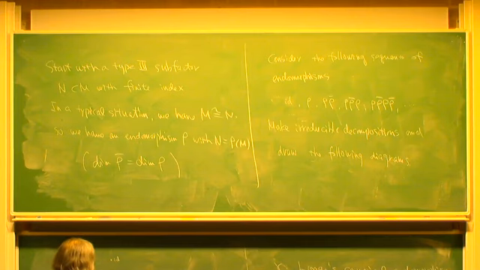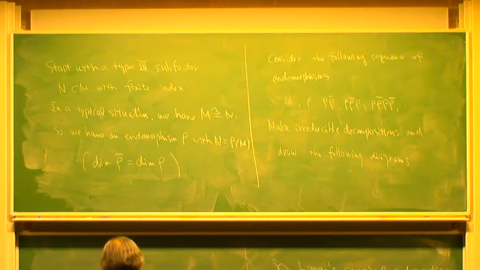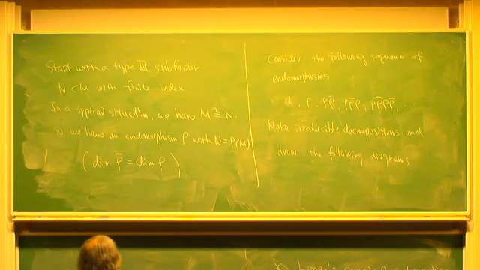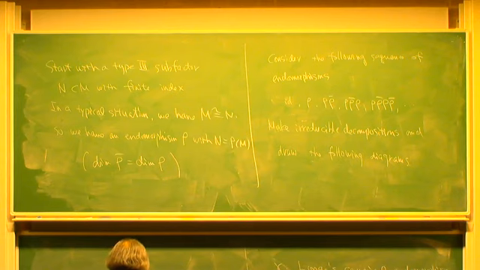Then identity appears here because of Frobenius reciprocity. And then we have something here, and then something else.